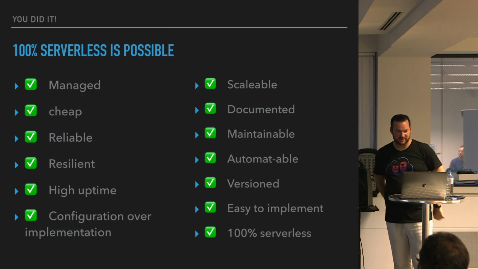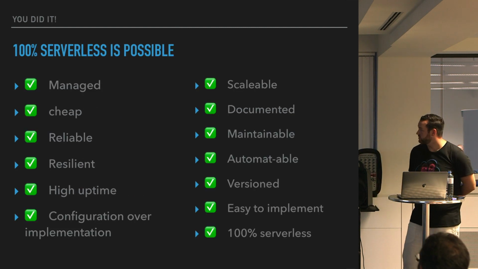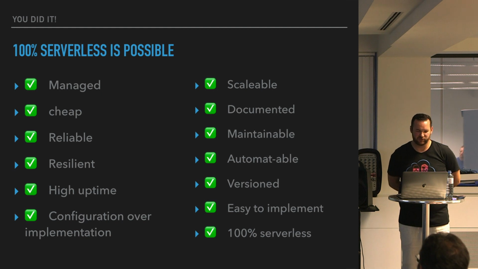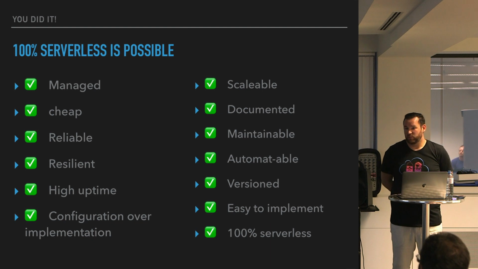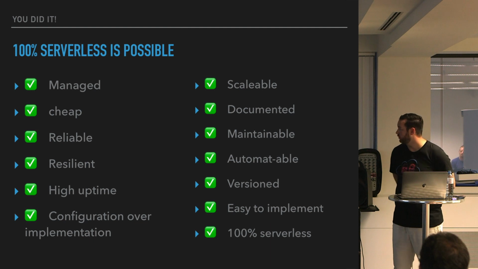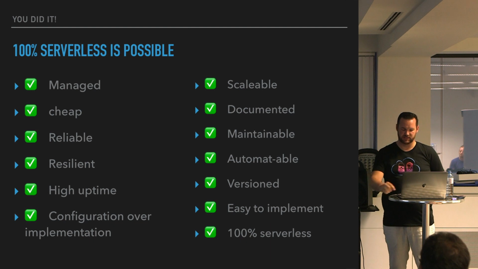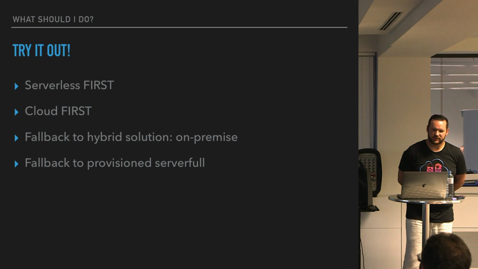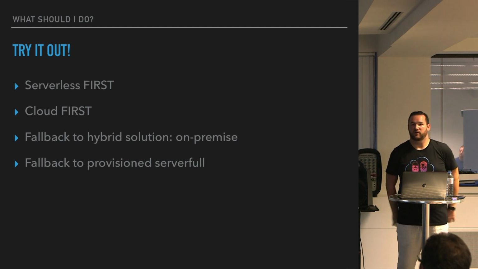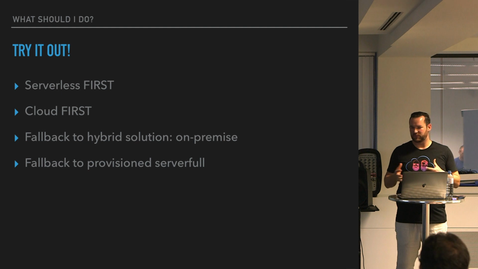So let's sum it up. Those were my goals for the architecture and the application, and I actually met all of those requirements, and I'm still 100% serverless. So in the end, I achieved my goal. I have an architecture and application with this configuration, and my recommendation to you is just try it out. If you define your infrastructure and design your application, try to do it with a serverless-first approach.